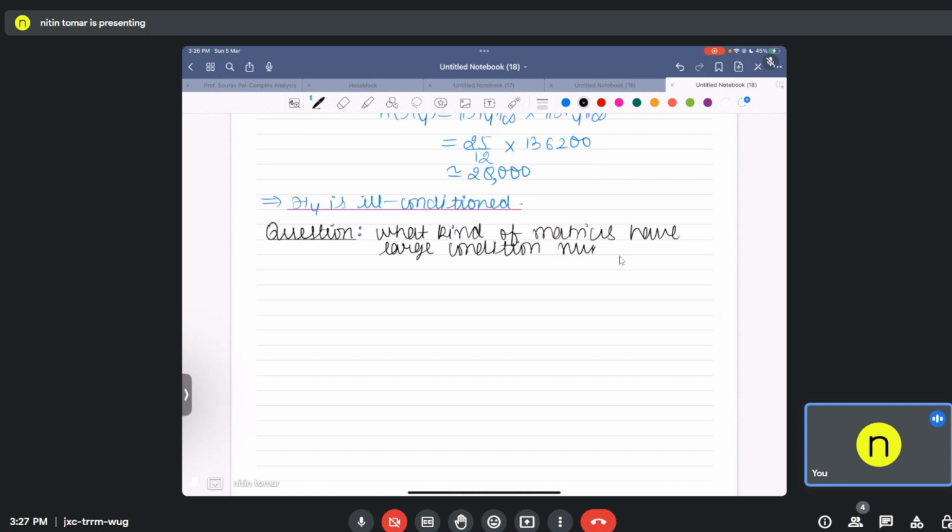I am writing on my screen, but somehow it is not visible. Just a minute.